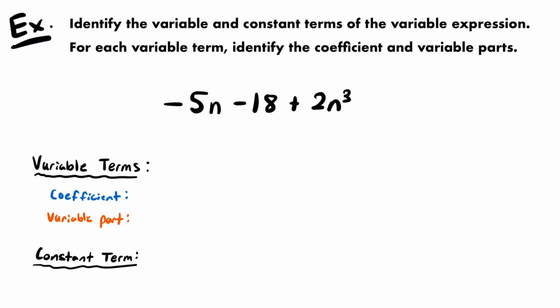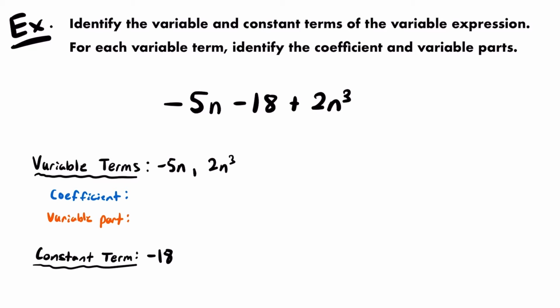So negative 5n and 2n cubed would be our 2 variable terms. And so then negative 18, of course, would be our constant term because it doesn't have any variables. So our constant term is negative 18. Don't forget to include the negative sign. That is important. That negative is attached to 18, so it is negative 18. And then our 2 variable terms are negative 5n and 2n cubed.